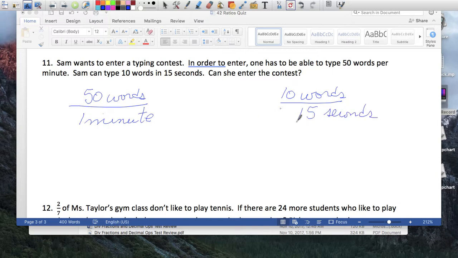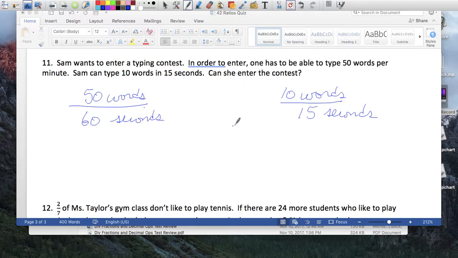Can I compare these two? Well, I know how much he types in 15 seconds, but I don't know how much he types in a minute. So I need to change either the minute to seconds or the seconds to minutes. So one thing I can do is, instead of saying 50 words per minute, I can say 50 words in 60 seconds.